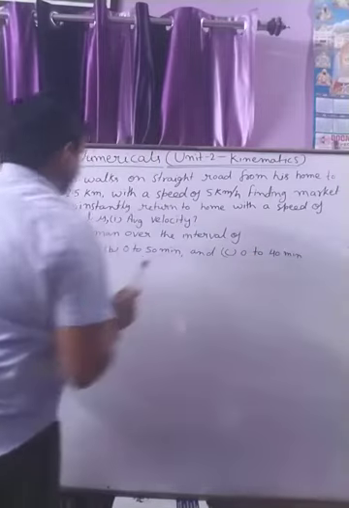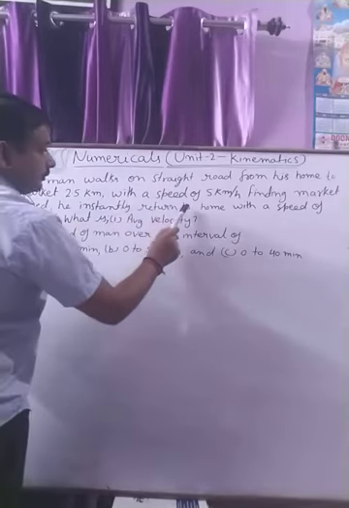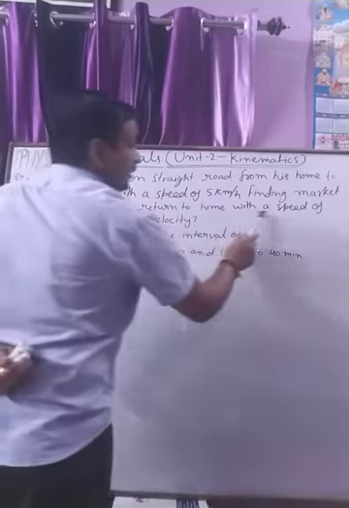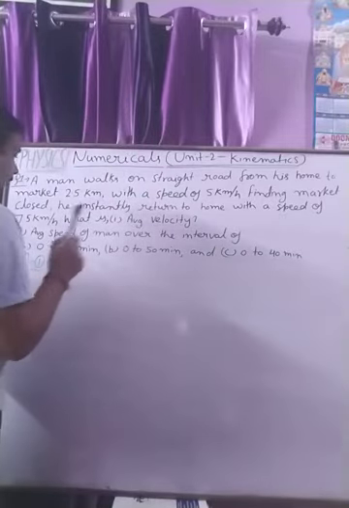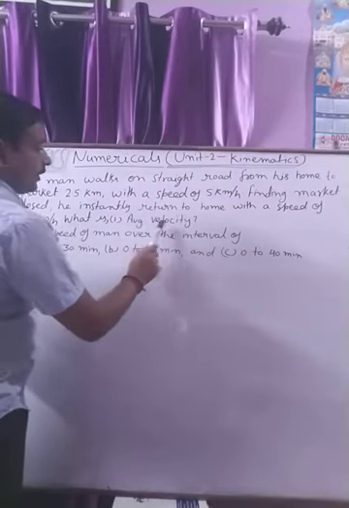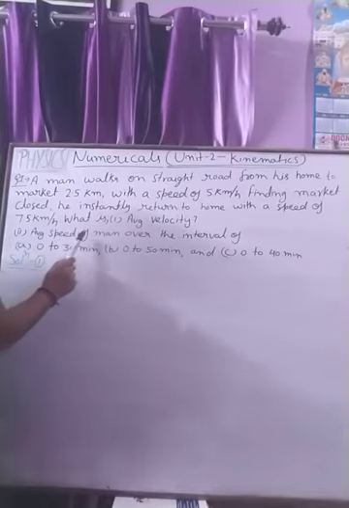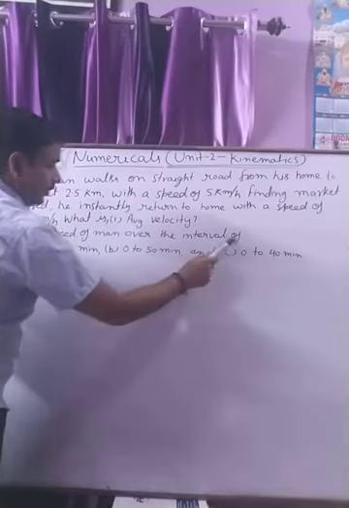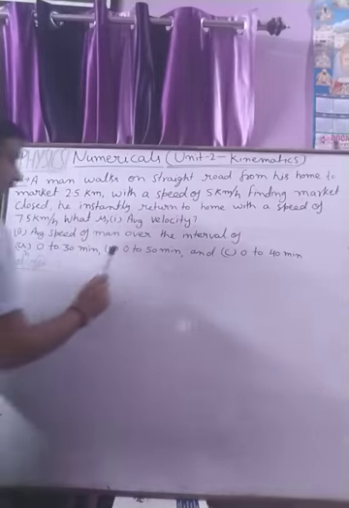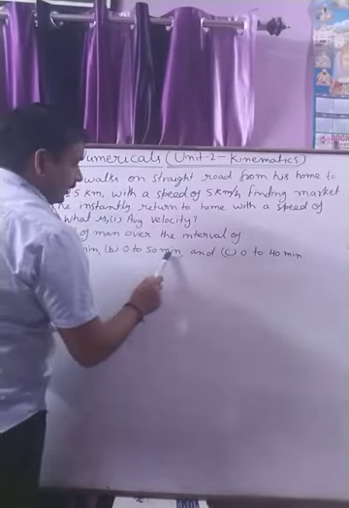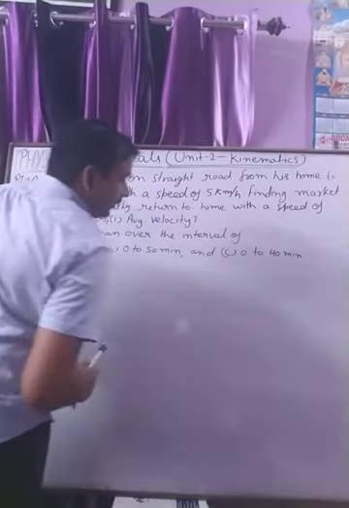Finding the market closed, he instantly returned home with a speed of 7.5 kilometers per hour. We need to calculate first the average velocity of the man, second the average speed of the man over the time intervals of 0 to 30 minutes, 0 to 50 minutes and 0 to 40 minutes.